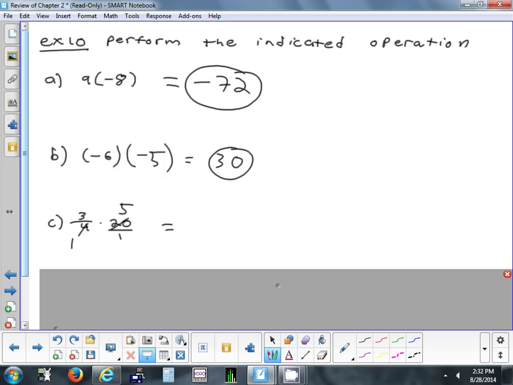Now we're going to multiply straight across. What's 3 times 5? 15. What's in the denominator? 1 times 1, which is what? 1. Just a 1. Do we need to put it? No. Okay, any questions before we finish up with our last one?